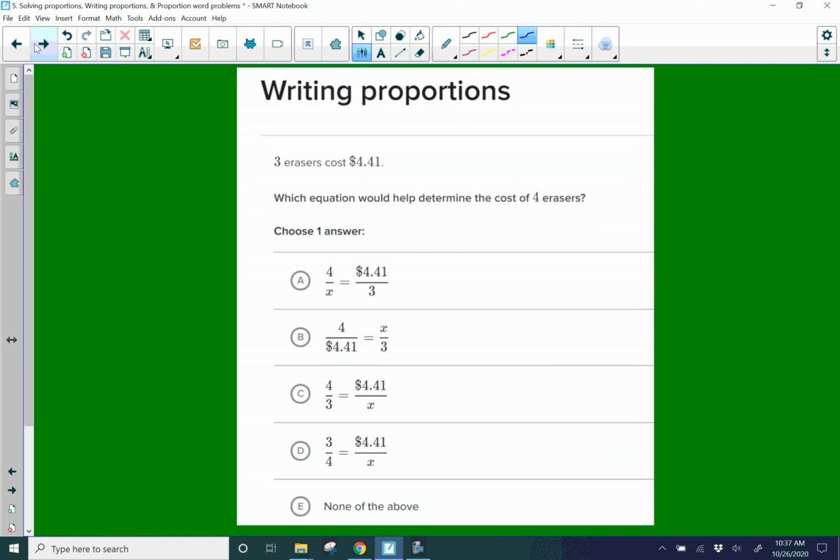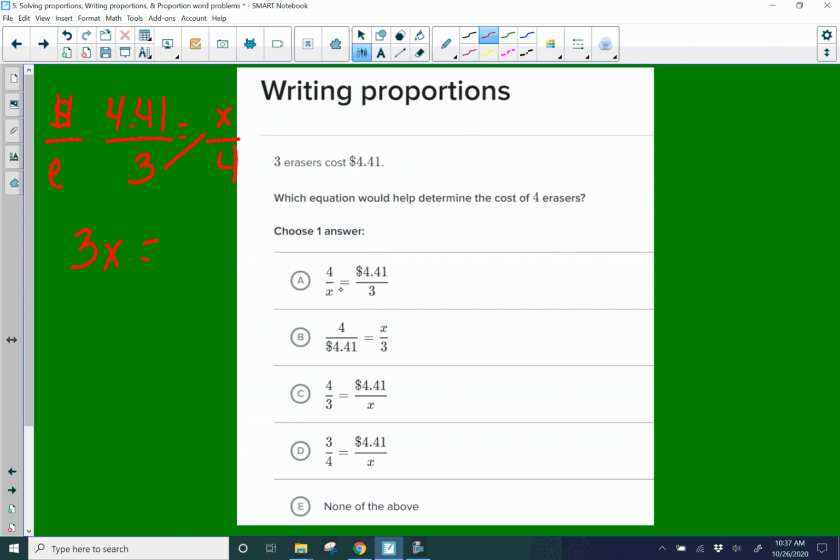3 erasers cost $4.41. Which equation would help determine the cost of 4 erasers? So let's do dollars on top over erasers. So I'm going to set up 4.41 over 3 is going to equal x over 4. Again, we're looking for a proportion that's going to give us 3x equals whatever 4.41 times 4 is.